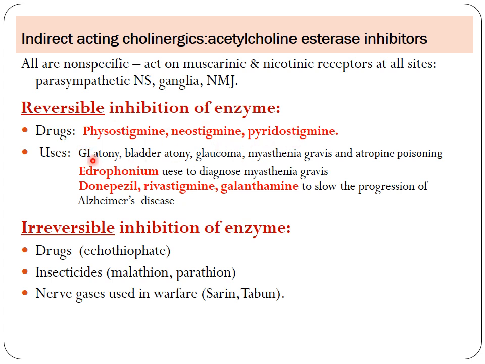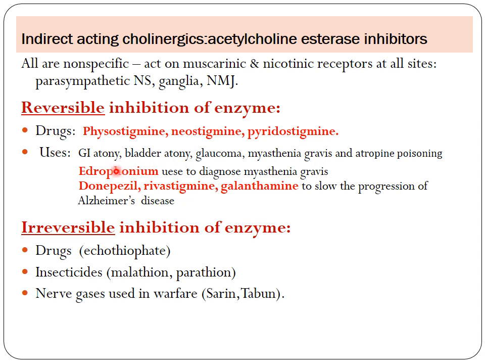They can be used in the treatment of GI atony, bladder atony, glaucoma, myasthenia gravis, and atropine poisoning. What's myasthenia gravis? It is an autoimmune disorder in which antibodies form against the nicotinic receptor at the neuromuscular junction. So causing what? Causing weakness of the skeletal muscle. These drugs, especially neostigmine and pyridostigmine, are used in the treatment of such condition.